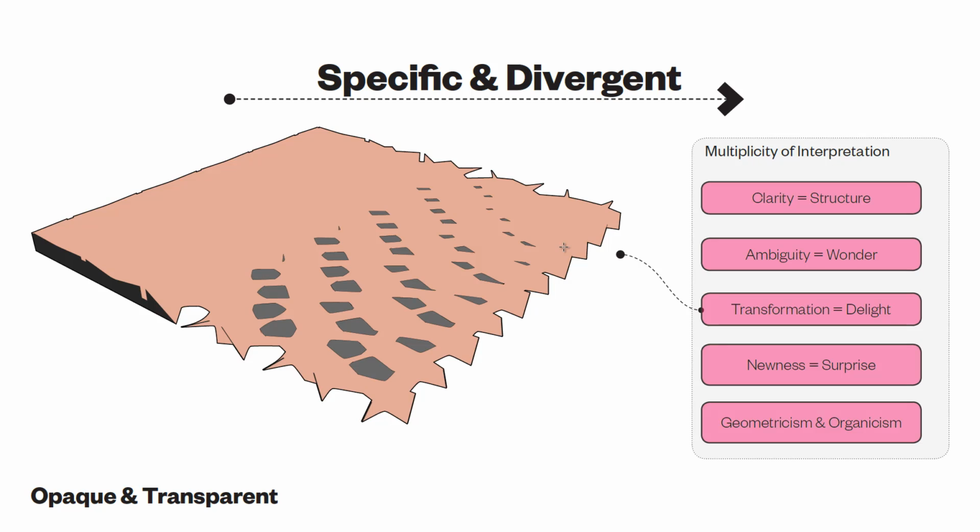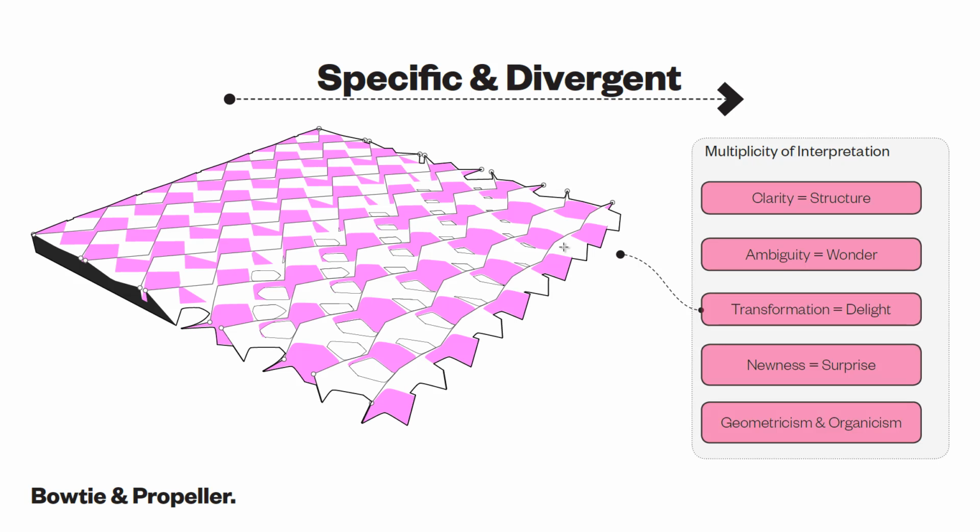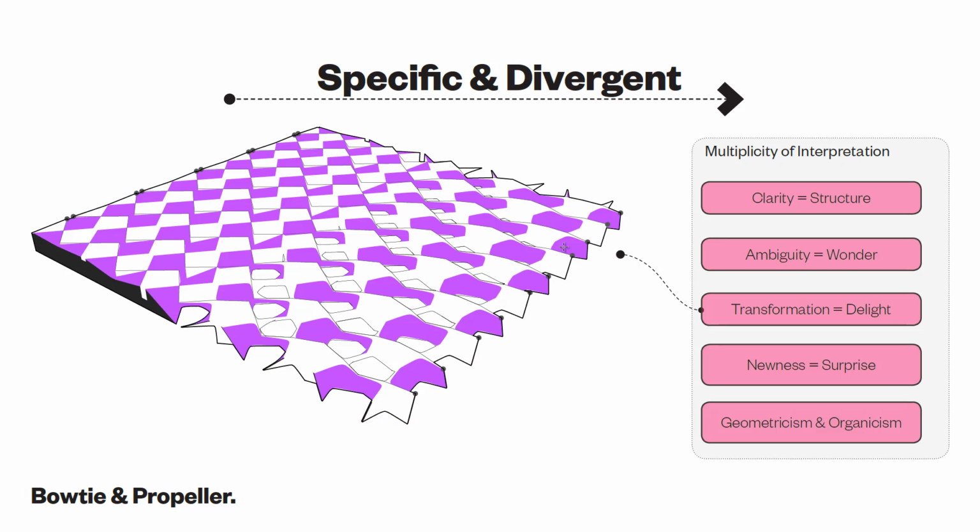So we just did a bunch of these diagrams, which highlight the different factors of this. It's opaque and it's transparent. It's undulating, and the undulation transforms across the surface. It's a bow tie and a propeller simultaneously, and the two go in different directions.